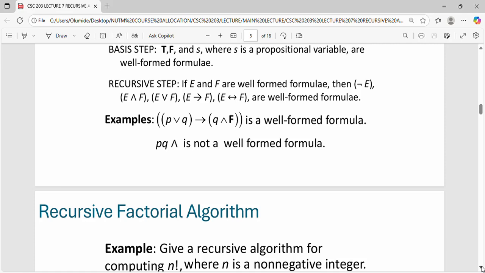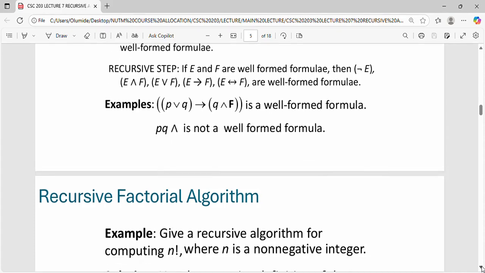What we have earlier for the recursive step is actually telling us what to do. What operation are we performing? Is it disjunction? Is it conjunction? Is it implication, or is it bi-implication? That one has already given us, it is very clear. But the PQ is not well-formed, so we don't go with it.